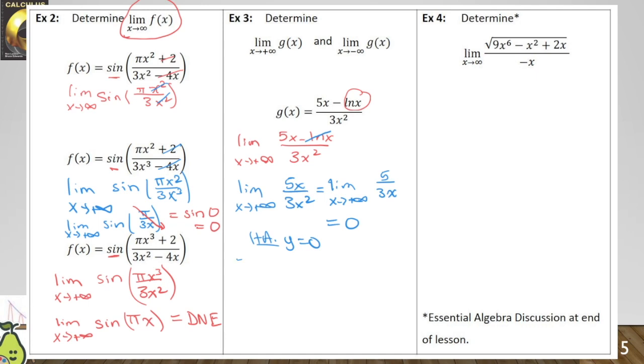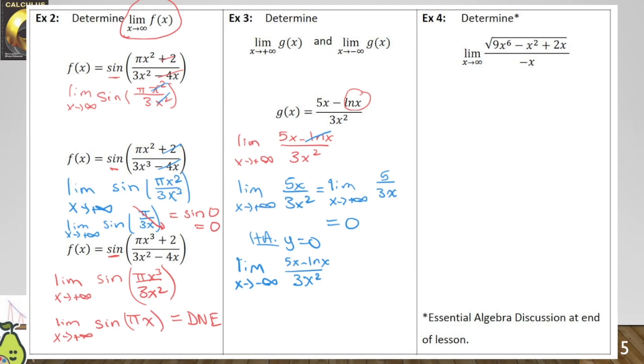Now let's look at the limit as x goes to negative infinity. So I'm looking at the left tail of my problem. So consider g of x again. We have 5x minus the natural log of x over 3x squared. So I've been a little bit neglectful. I've not been substituting.